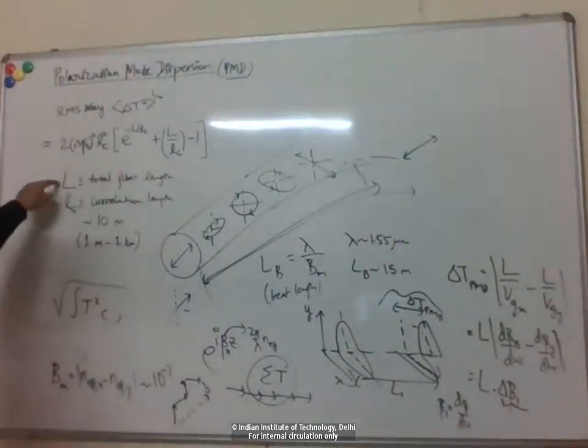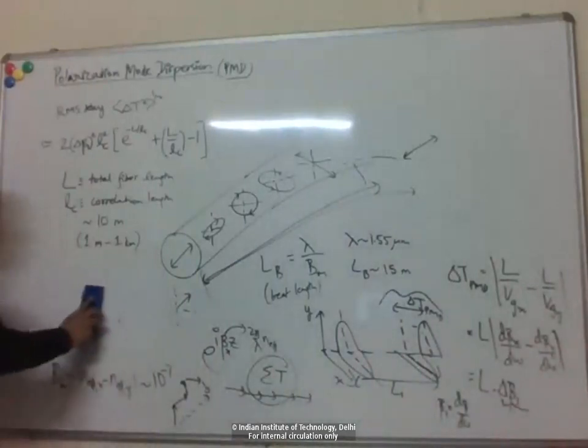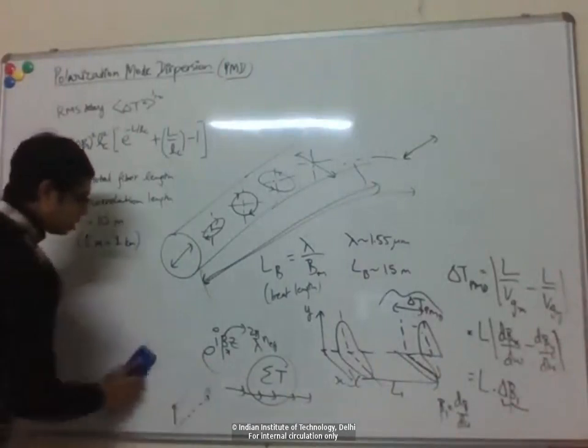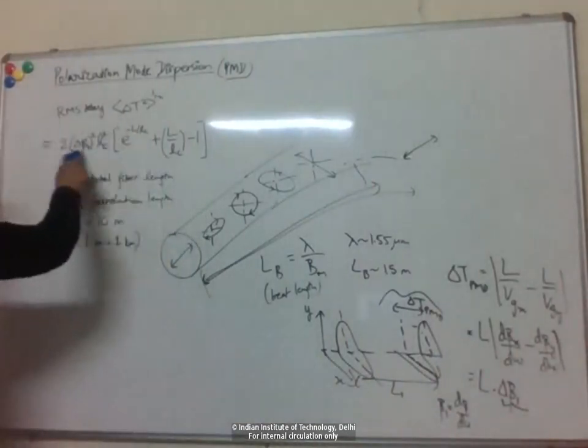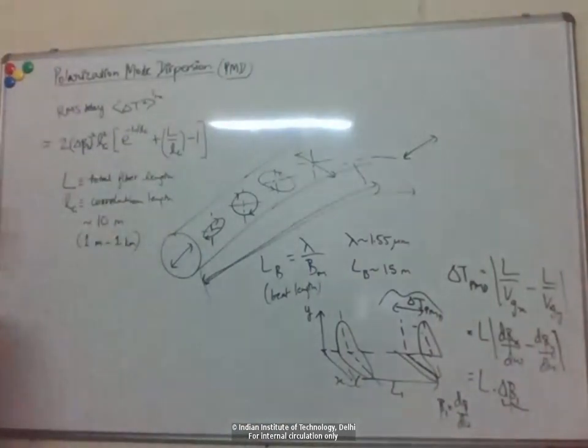So for practical links, L will always be much bigger than L sub C. But this is a complete expression that you can use for any capital L and small LC.